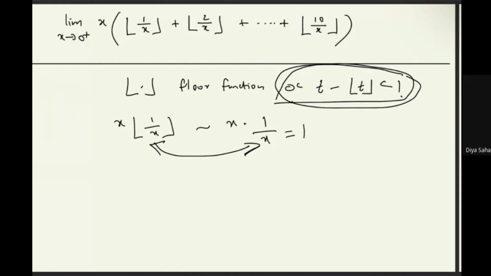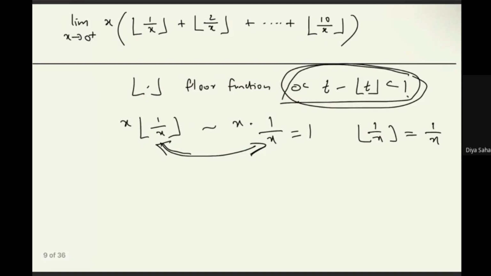This is not exactly equal to 1 by x, but you know some inequality related to numbers, right? I told you t and the floor function of t are not far away.